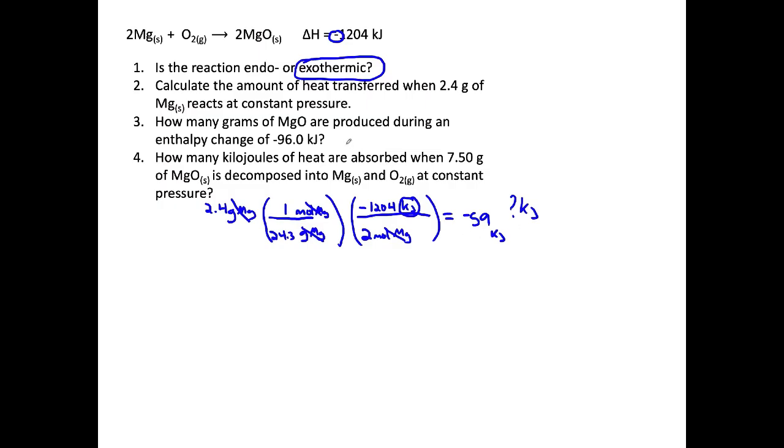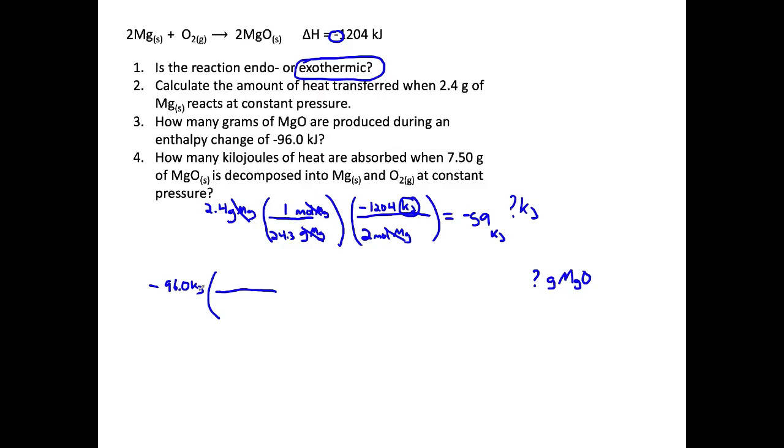All right, well, let's switch it up a little bit and say how many grams of magnesium oxide are going to be produced during an enthalpy change of minus 96 kilojoules. All right, so how many grams of MgO? That's what I'm trying to solve for over here. And then minus 96 kilojoules.